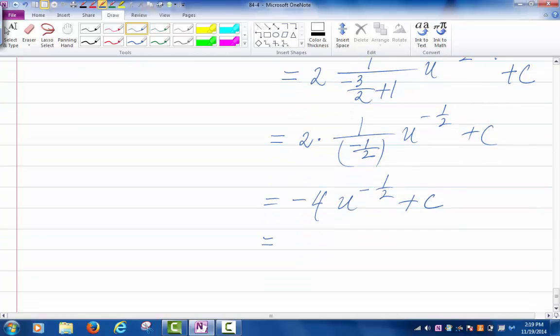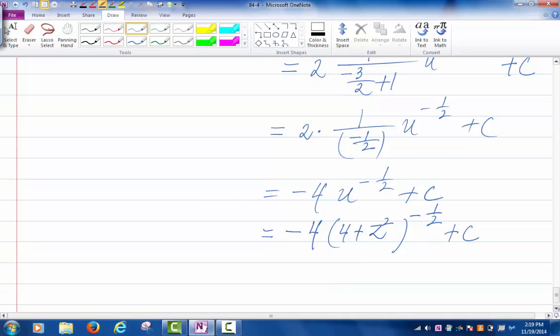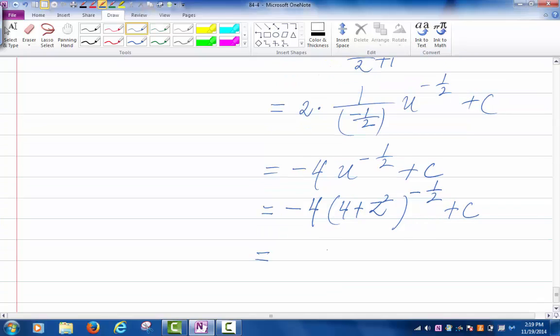And now I have to replace u with, I think we took u to be 4 plus z squared, so I get that to the negative half plus a c. And if you want, you can write that as negative 4 over the square root of 4 plus z squared, plus a c.